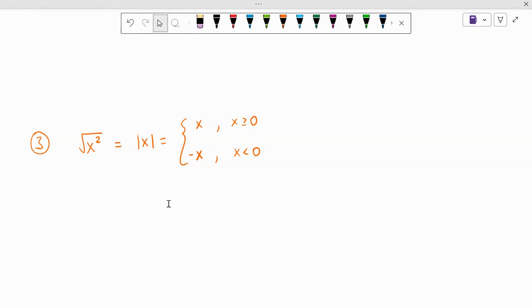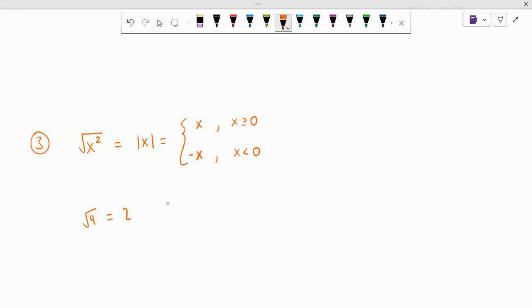Okay. As for why square root of x squared is equal to absolute value of x, I think maybe just thinking of an example will clarify. If I ask everyone what is the square root of 4, what would you guys tell me the square root of 4 is? Yeah, square root of 4 would be equal to 2, okay?